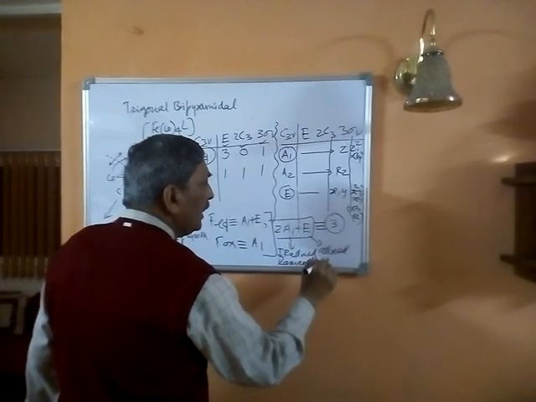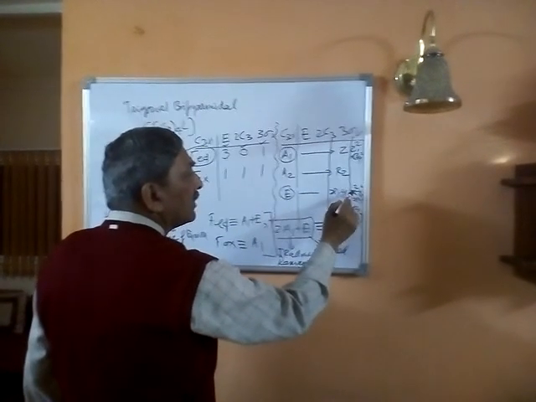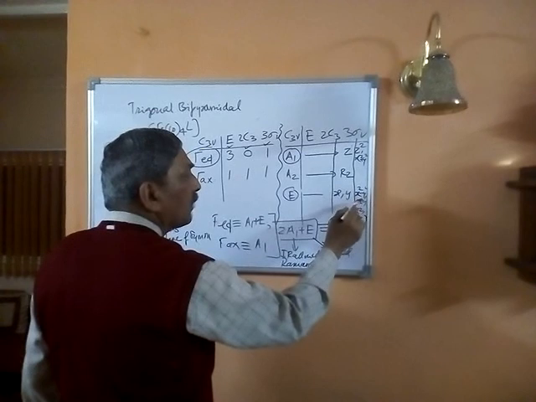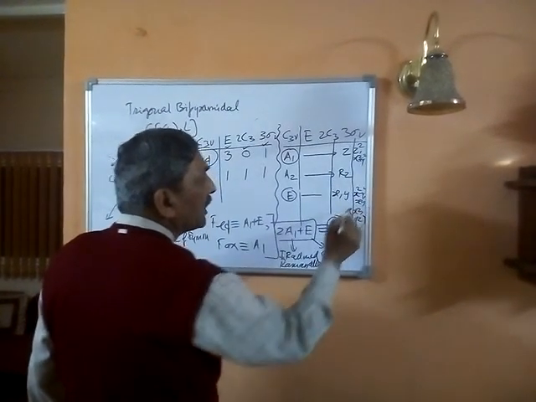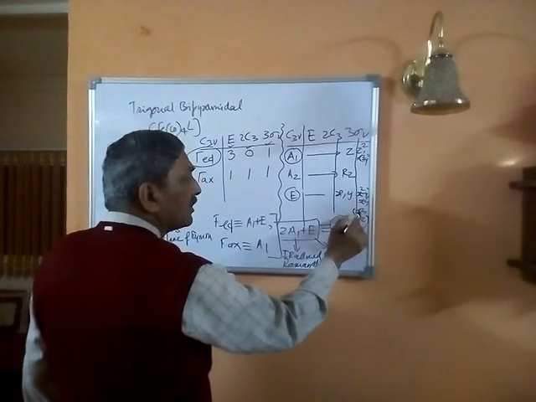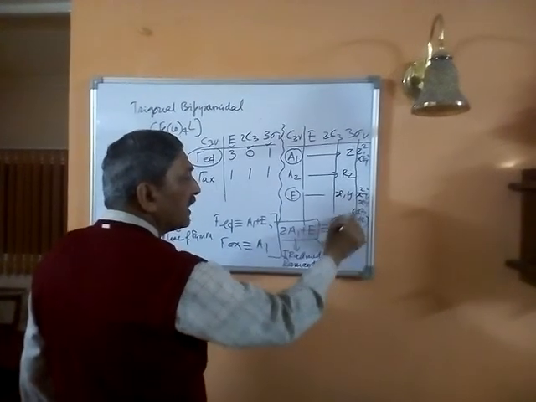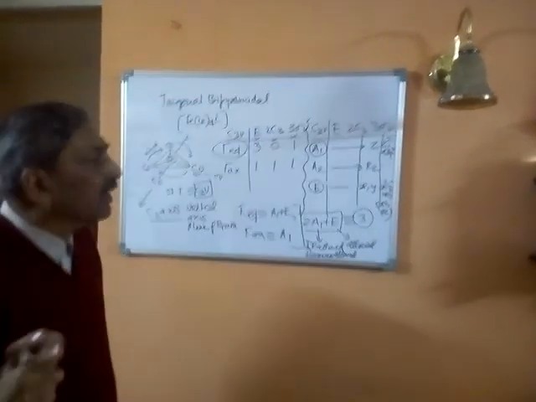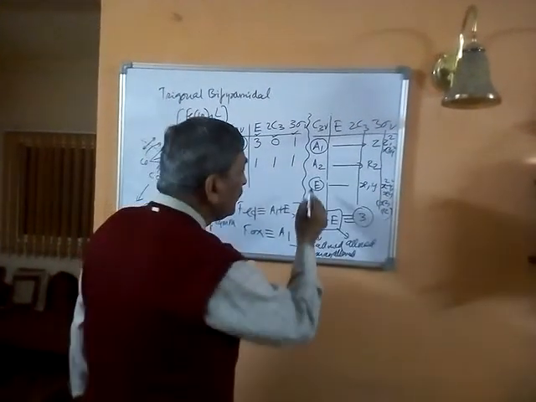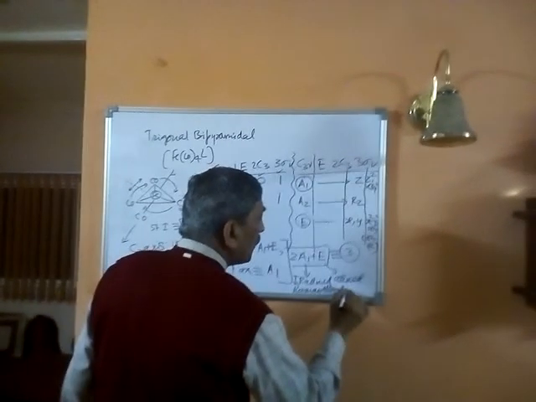And E is transforming as x squared minus y squared as well as xy, or as xz and yz, again a combination of x and z and y and z. Therefore, E is also Raman allowed.